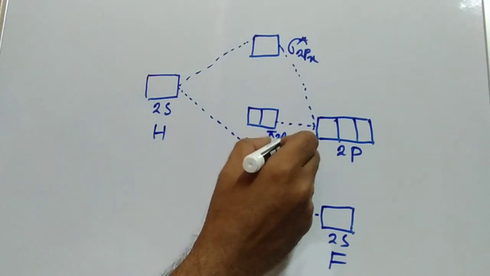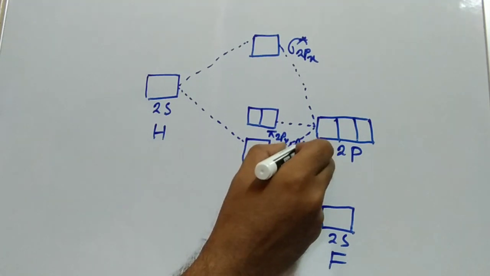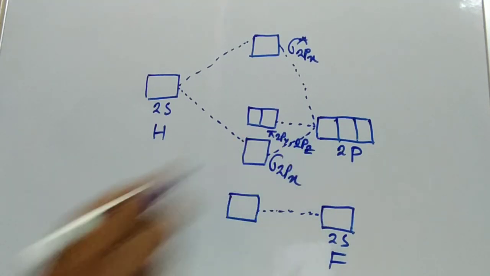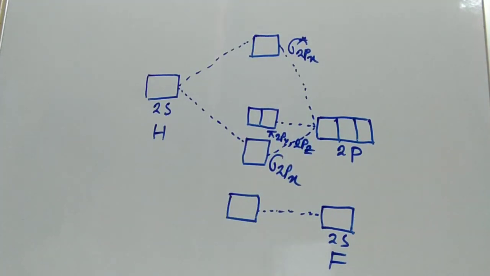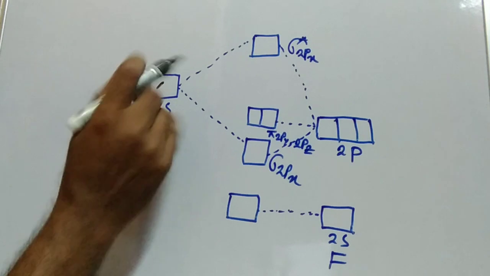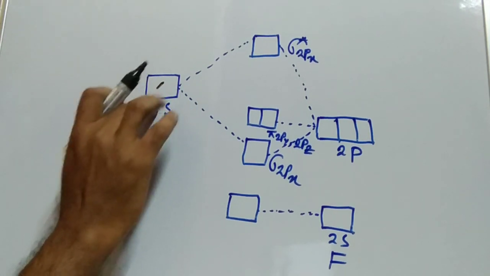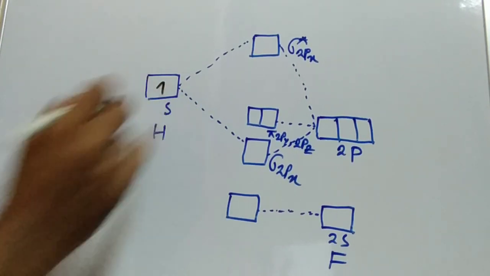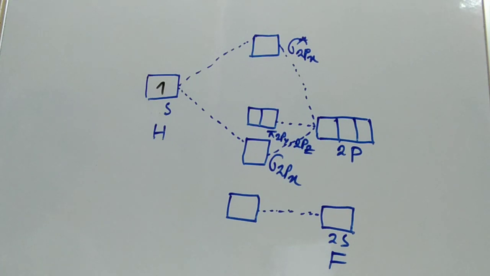If overlap occurred between the fluorine 2py and 2pz orbitals, it would be non-bonding because the positive lobe of hydrogen will overlap equally with the positive and negative lobes of the fluorine orbitals.